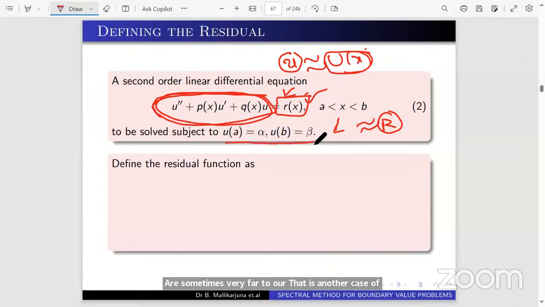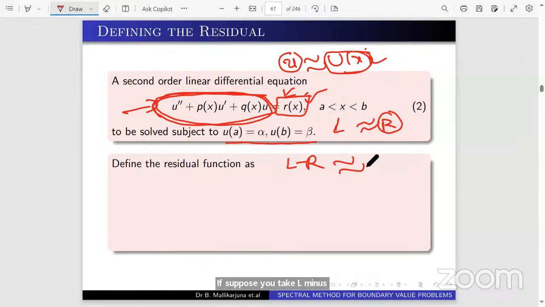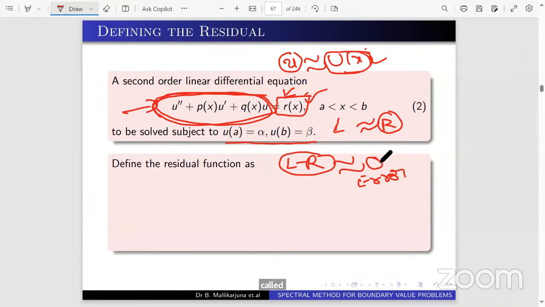That is another case of discussion. Now, after replacing with the approximation in the LHS, if it is equal to R, it is fine. If you take L minus R, it is approximately equal to zero. This is called error. It is called the residual, so LHS minus RHS after replacing u with the approximating solution.